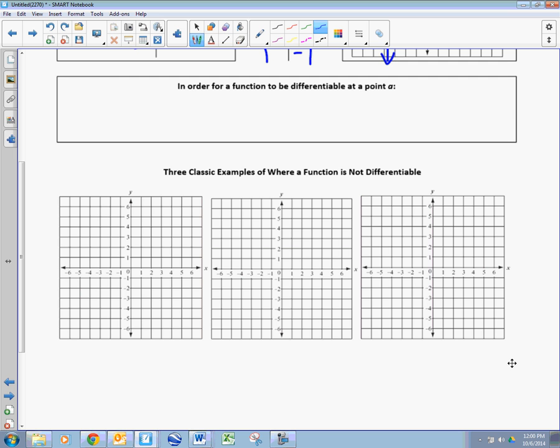So in order for a function to be differentiable at point a, a couple things have to be accounted for. Number one, f of a must exist. Okay? It has to be continuous.